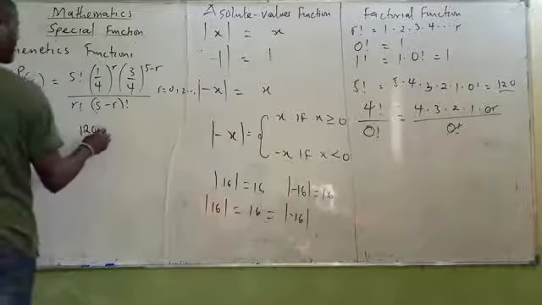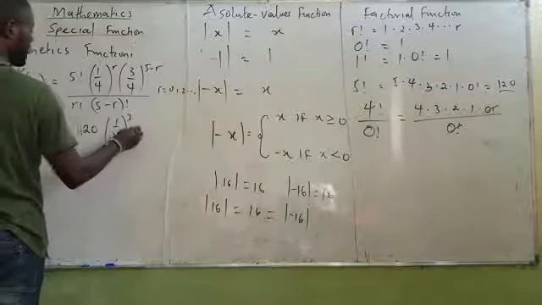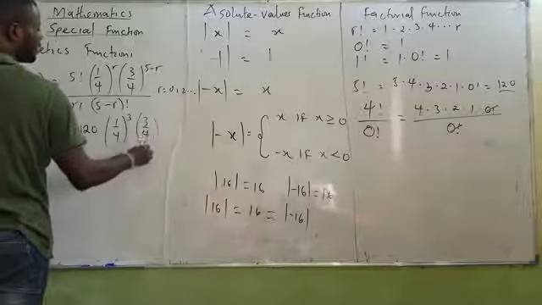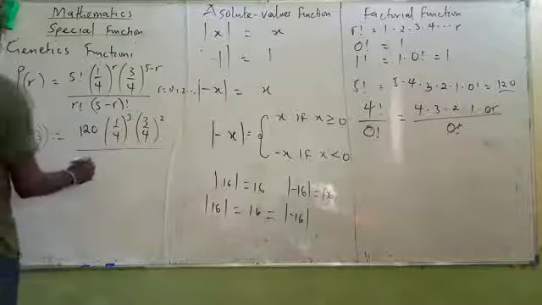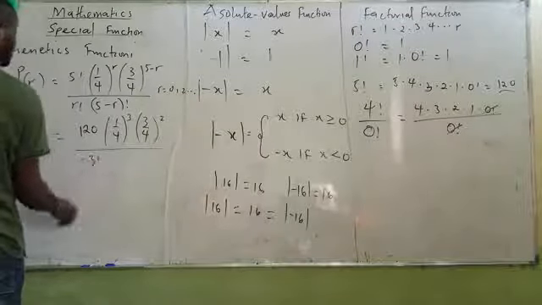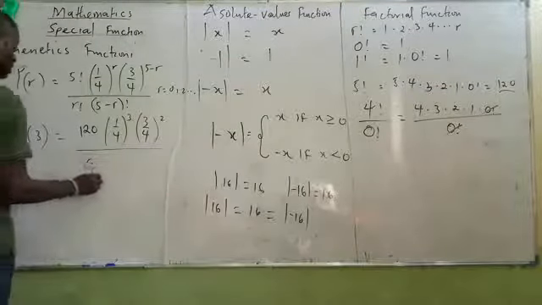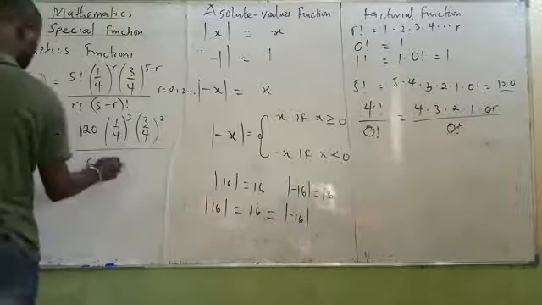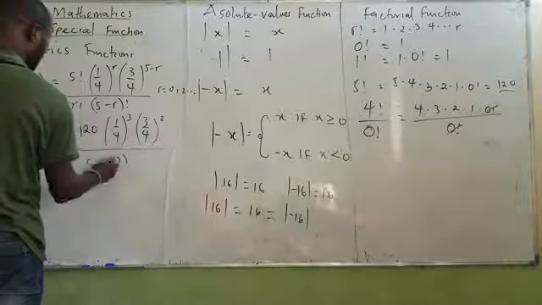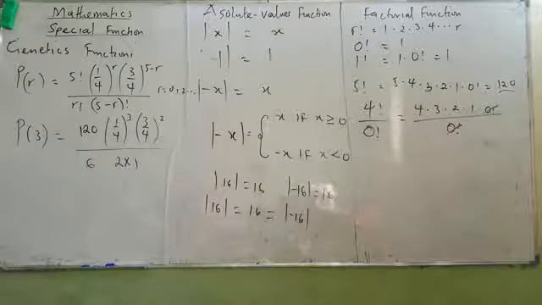And also I'll have bracket of 1 over 4 raised to power 3, and this will be 3 over 4 raised to 5 minus 3, which is 2, divided by 3 factorial. 3 factorial will be 3 times 2, 6 times 1, which is 6, and I'll have 2 factorial, which is 2 times 1. I think you all know that. Now, that is all.